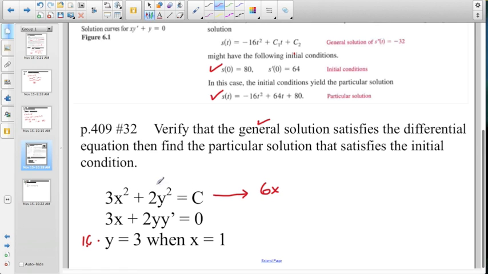Taking the derivative with respect to x of this portion of the general solution, you're going to have to use the chain rule. So we're going to have to take the derivative of y and then use the chain rule with dy/dx. So taking the derivative of this would be 4y dy/dx equals 0.